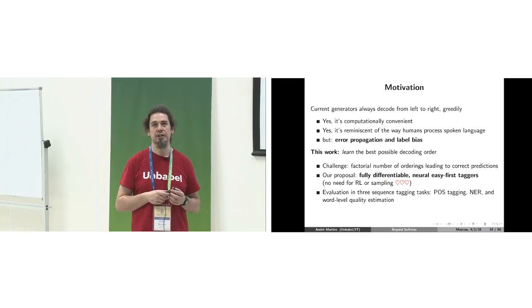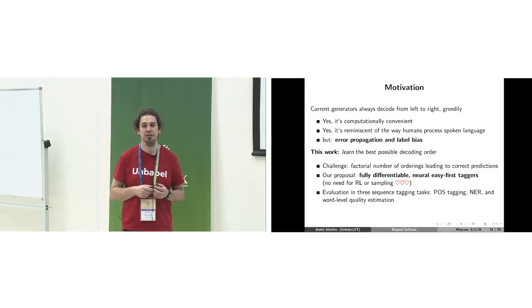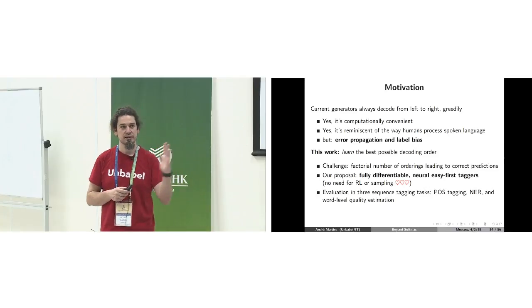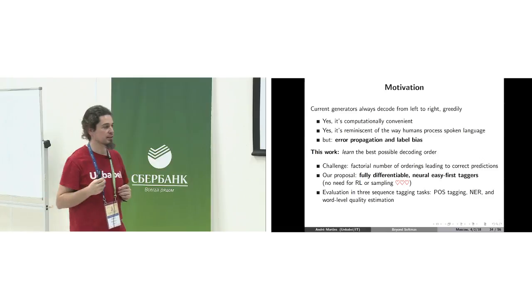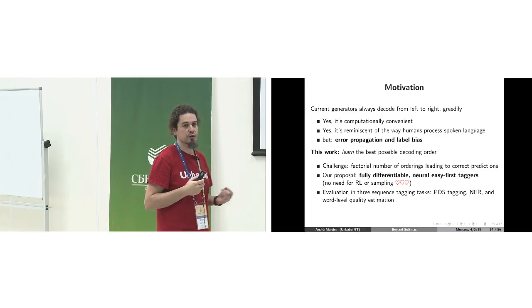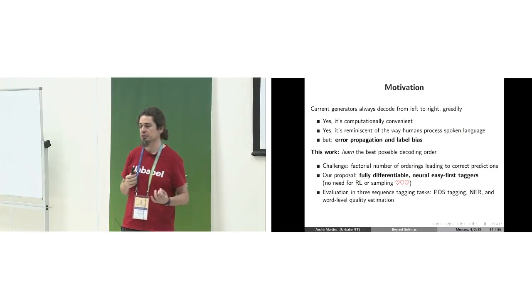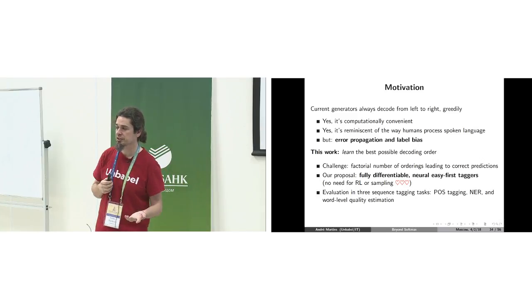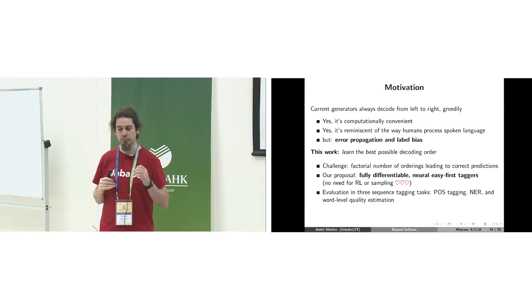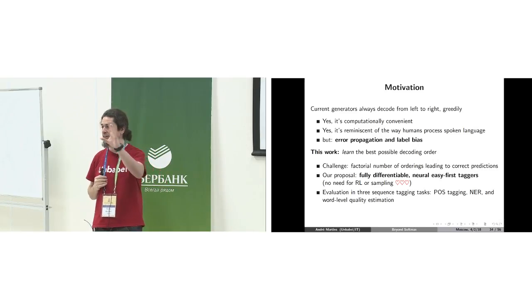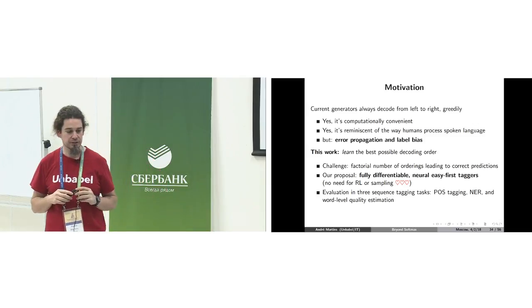You can also argue that humans process language in a similar way, in spoken language at least. But on the other hand, this introduces error propagation and label bias. For example, in machine translation, if you are generating the target sentence, the translation, and you make a mistake in the beginning, then it's going to be quite hard to recover from that mistake. This is what is called error propagation.